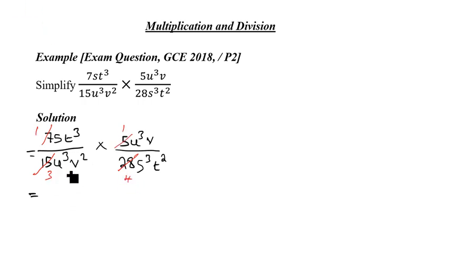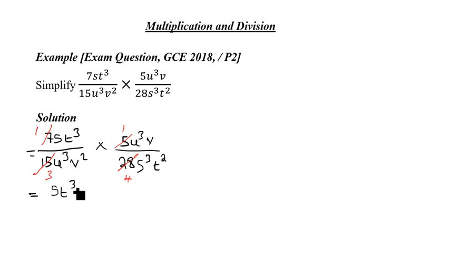Now I want us to write down what we have. So I will not write 1st to the power 3. 1 usually is nothing. So 1 times st3 will just be st3. Don't mind my s, it looks like a 5, but it's an s.